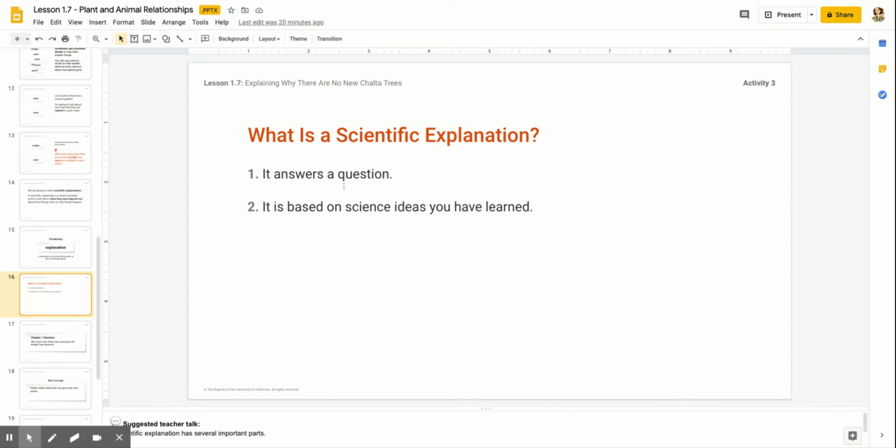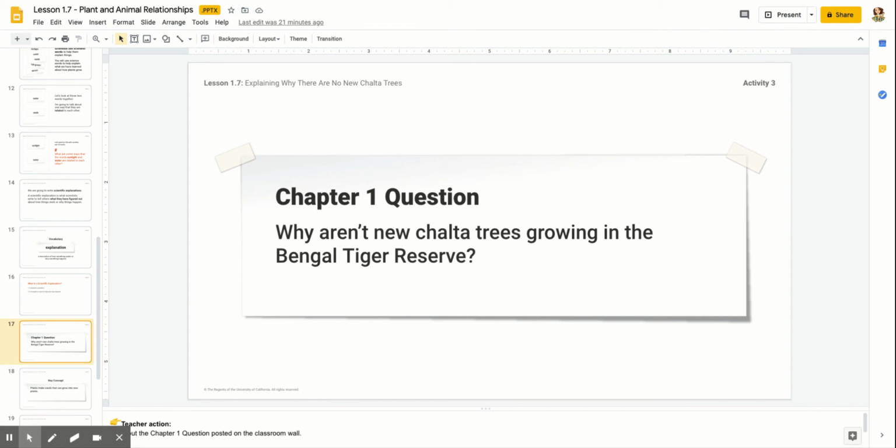It's a way of answering a question that we've had, and it is based on science ideas that we have learned. So, all of the maps and the books and the videos that we've watched so far, and all the books that we've read, and all the pictures and charts that we've used, that's the way that we can put all of those ideas together to show what we've learned and to try to answer this question: why aren't new chalta trees growing in the Bengal Tiger Reserve?